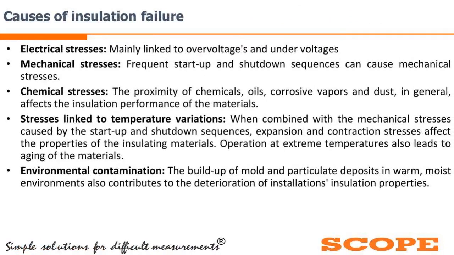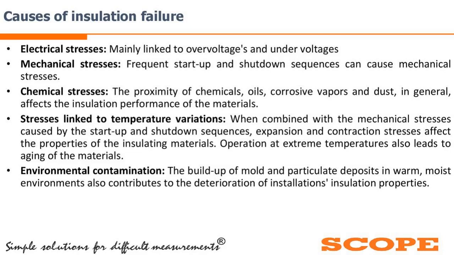After that, the main causes of insulation failure. There are various causes: electrical stresses, mainly due to over voltages and under voltages. Then mechanical stresses, as frequent startup and shutdown sequences can cause these.